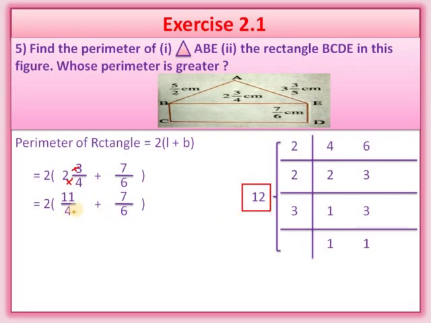Okay, so here now tell me, 4 threes are 12, because we are going to make the same denominator, and here 6 twos are 12. Okay, so we will multiply by both. Okay, here also 3. So what is the answer? 11 times 3 is 33 upon 12, and plus 7 times 2 is 14 upon 12.